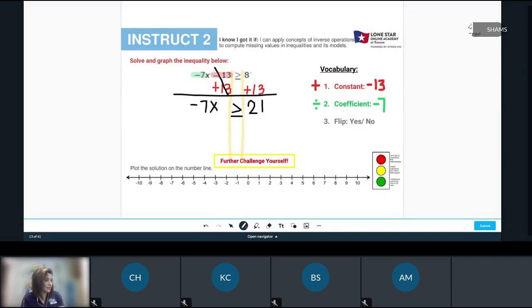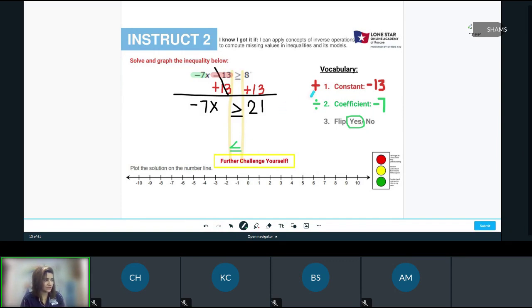Got it. Now, I wanted to talk about flipping the symbol. Whenever your coefficient is a negative number, you will flip the inequality symbol in your answer. That means right now it is greater than or equal to. After flipping, it will become less than or equal to.